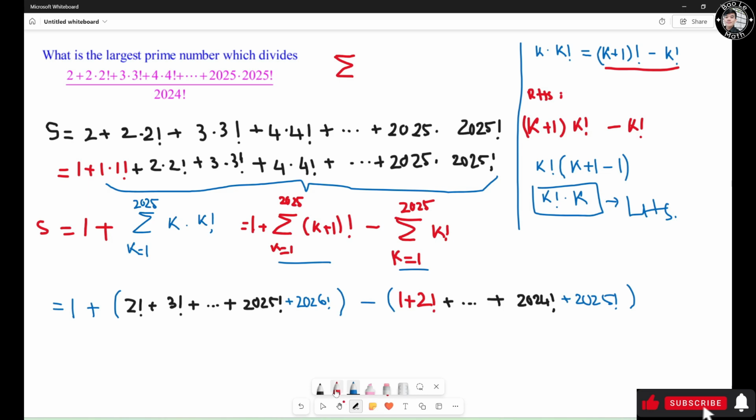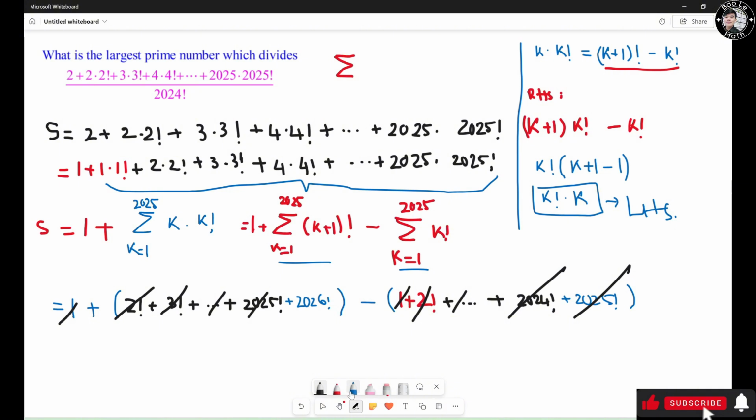Now we're going to simplify. If we distribute the negative 1, every single term here becomes negative. Then we simplify: this and this cancel out, this and this cancel out, this and this cancel out, and so on, and the 1 here and the 1 here cancel out.